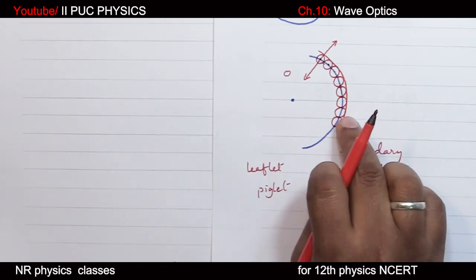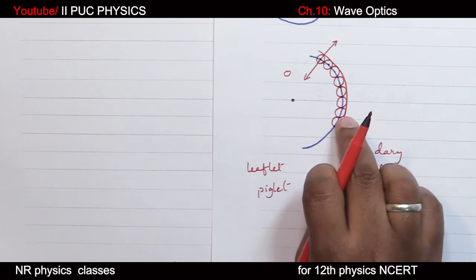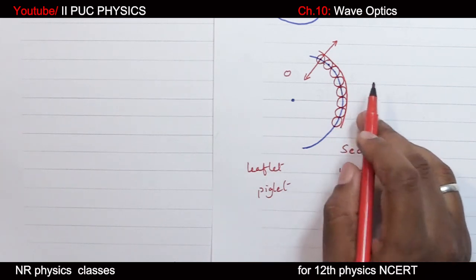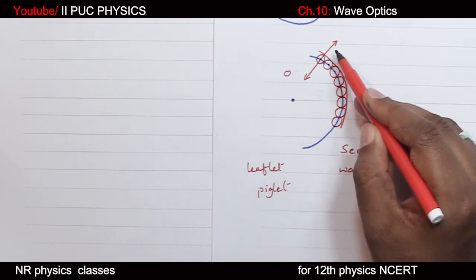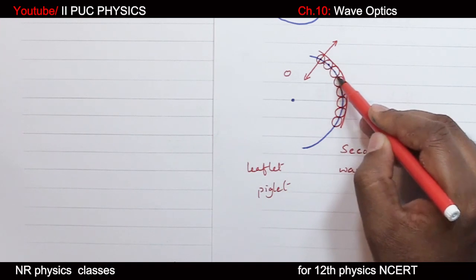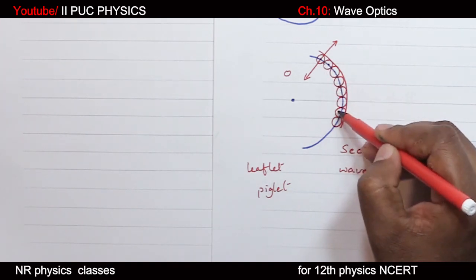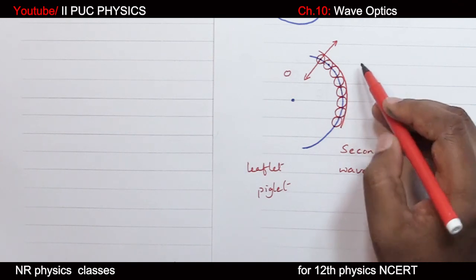So go through this statement of Huygens principle. Each point on the wavefront is the source of secondary disturbance, and the wavelets emerging from these points spread out in all directions with equal speeds.